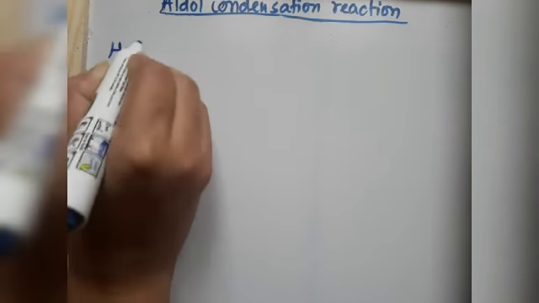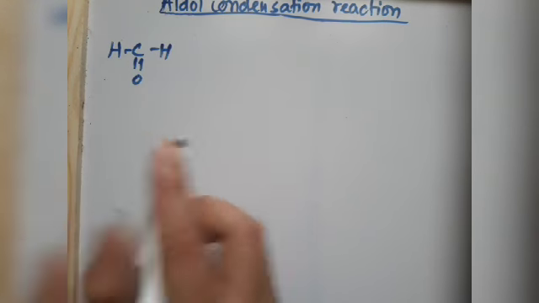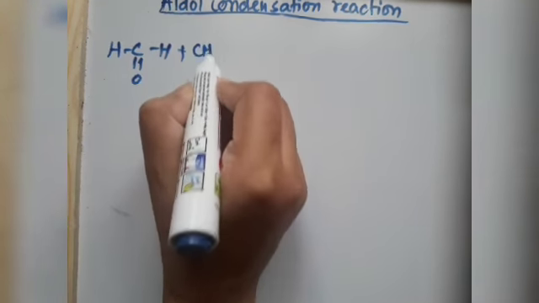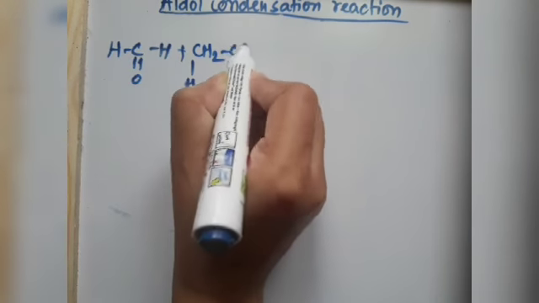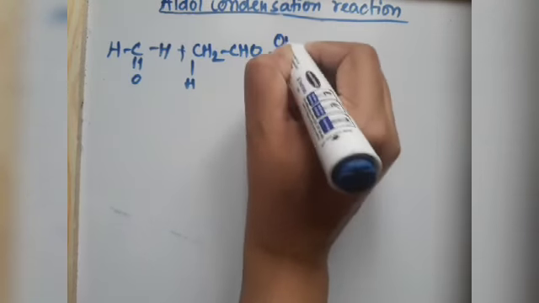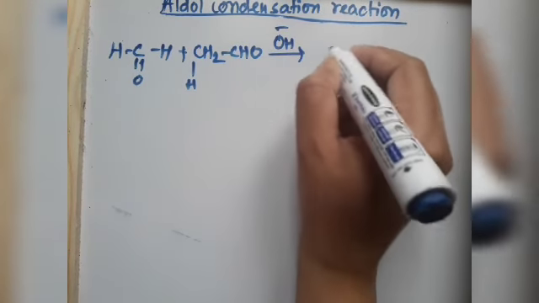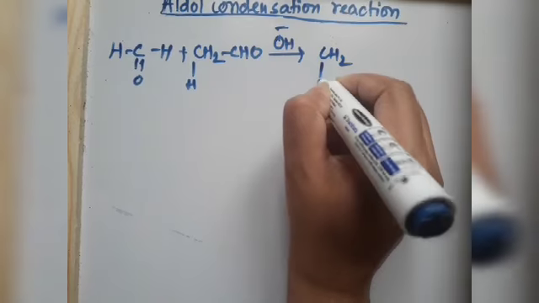Suppose formaldehyde, HCHO, it doesn't have any alpha hydrogen atom. It will react with this one. This is ethanal. Okay, it will undergo aldol condensation reaction to form this one.